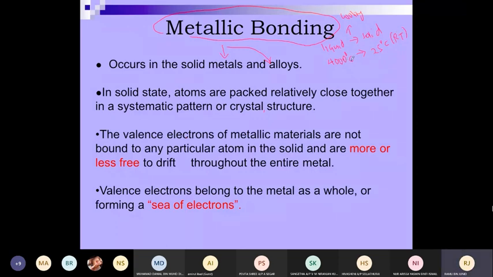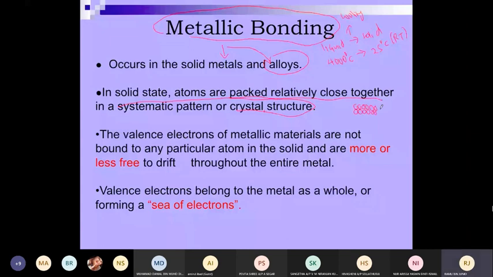So during solidification, when it transforms from liquid to solid, atoms of this alloy will be packed close together in a systematic pattern of crystal structure. So the atoms will arrange themselves in a systematic manner or systematic pattern, and we call it a crystal structure.